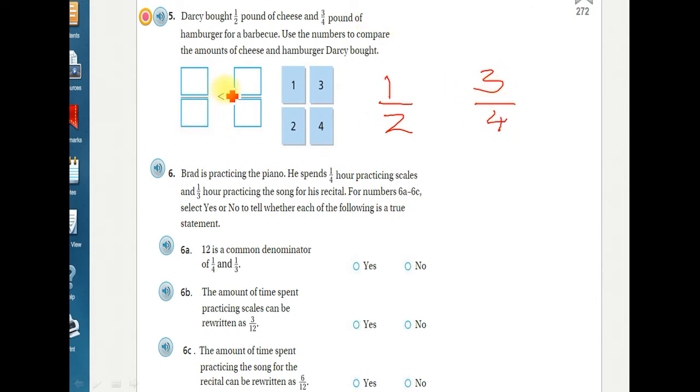Well, this little symbol says that this side has to be smaller than this side. So it's kind of like the last problem we were doing, if you watched that video, where half was our benchmark.